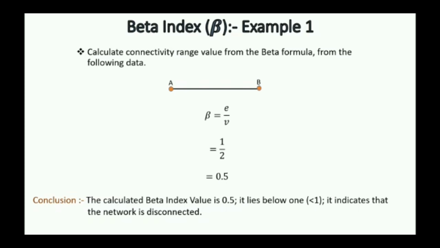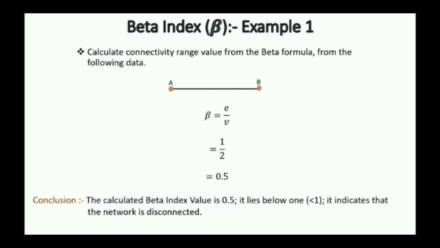Now we will solve the example of beta index. Calculate the connectivity range value from the beta formula for the following data. In the following diagram, there is one edge or line or link and two nodes or points or vertices.